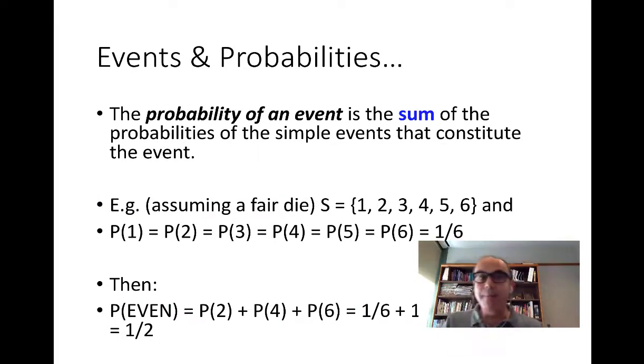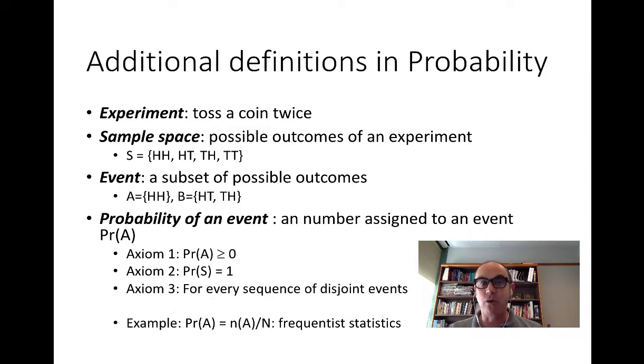But in probability, we have additional elements, which is the probability of an event, which is the sum of the probabilities of the simple events that constitute that event. For example, assuming a die, what is P1 equal to, and when we combine them together, what does it stand for.